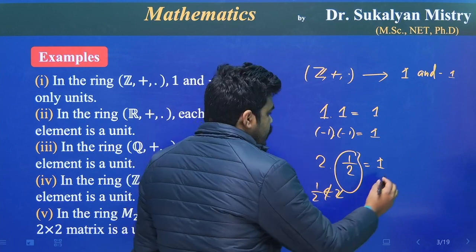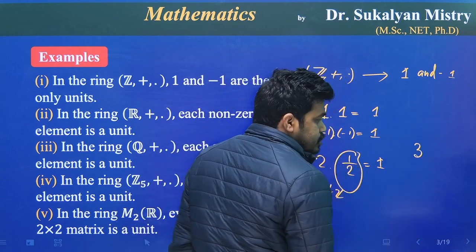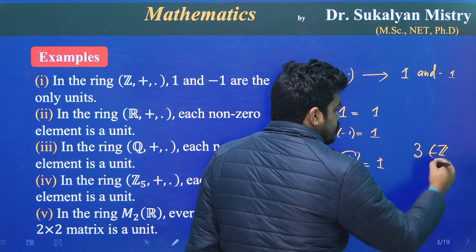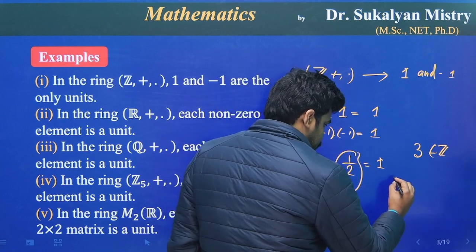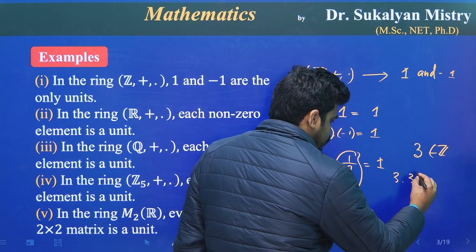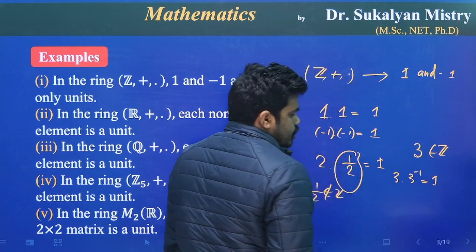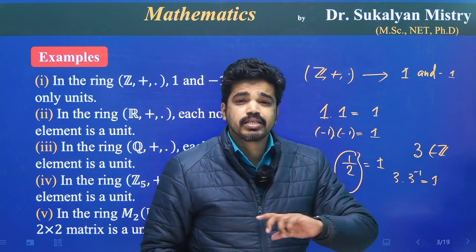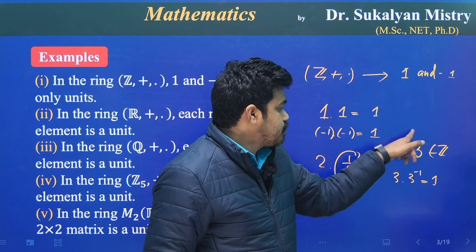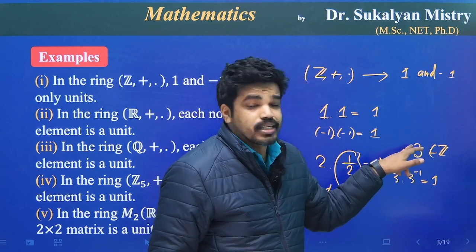Similarly, if we consider the element 3 belongs to Z. But inverse of 3, that is 3 into 3 inverse, so that is 1. 3 inverse means 1/3. 1/3 does not belong to Z. So that's why 3 is not a unit element.